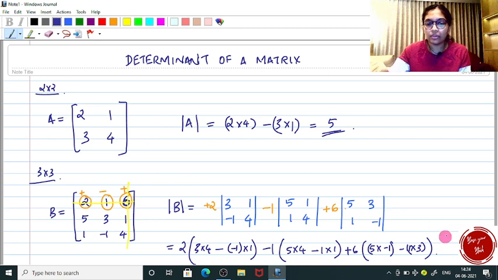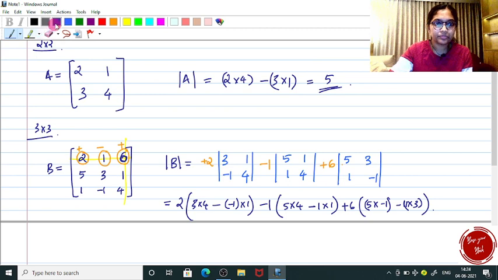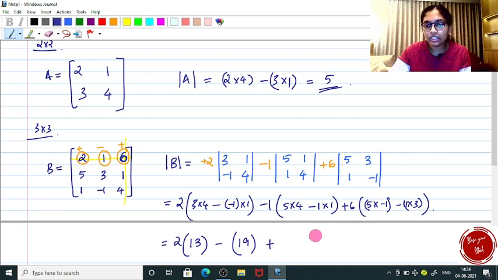Fine. Now, reducing it up, we get 2 into 12 minus 1, 13, isn't it? Minus 1 into 20 minus 1, 19. Positive 6 into 5 into negative 1, negative 5 minus 1 into 3, negative 5 minus 3 is negative 8.